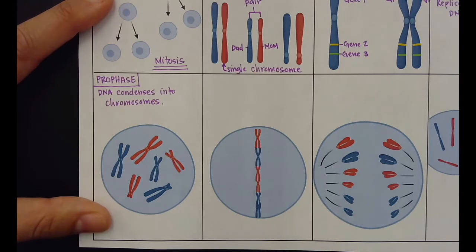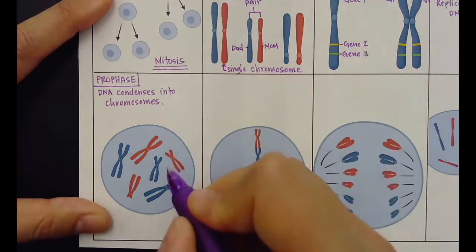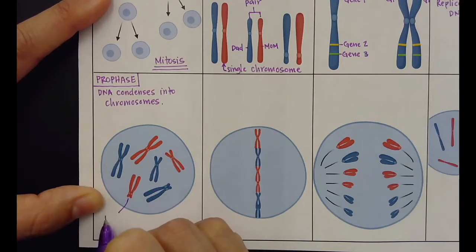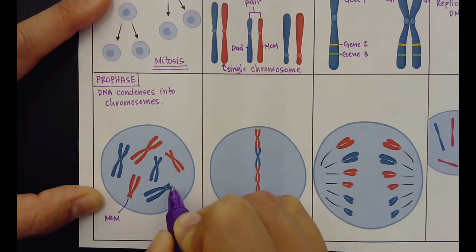So what we have here is we still have the same 3 pairs of chromosomes. So we have, for example, this chromosome right here, which could be a chromosome that you got from your mom, and it is paired up with a chromosome that you got from your dad.